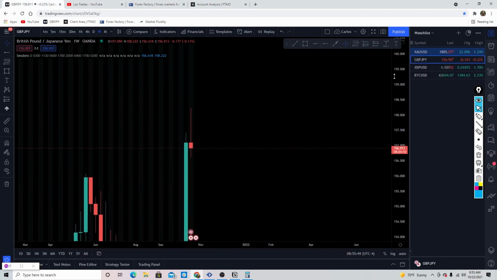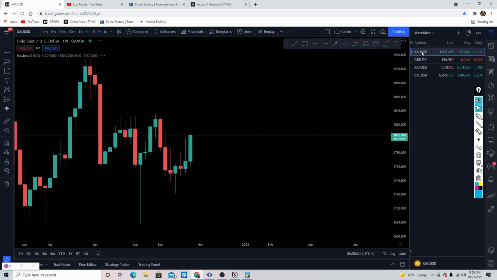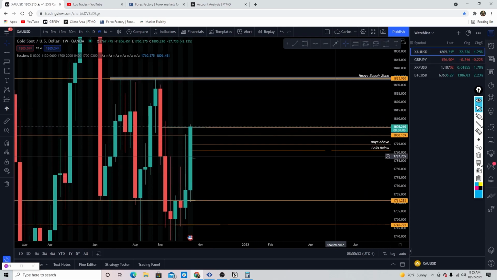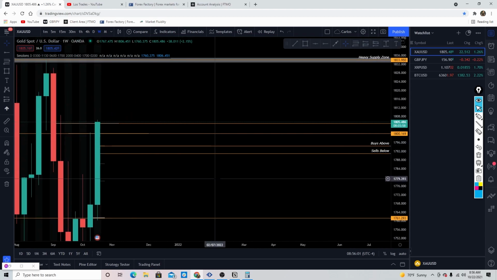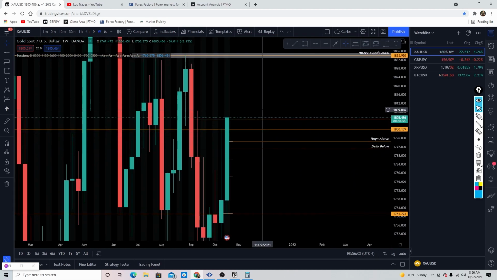I just feel like gold has easier entries than GJ does, so I'm just gonna focus on gold, because if I'm able to focus down to the 5 minute and the 15 minute on gold, or maybe even the 1 minute, I think I have better opportunities to pass the challenge.